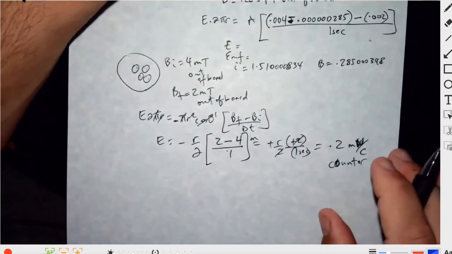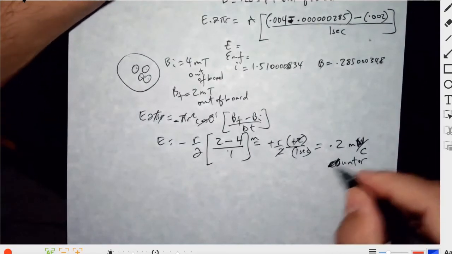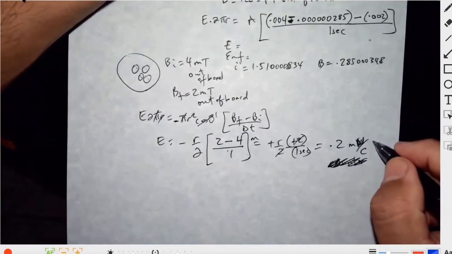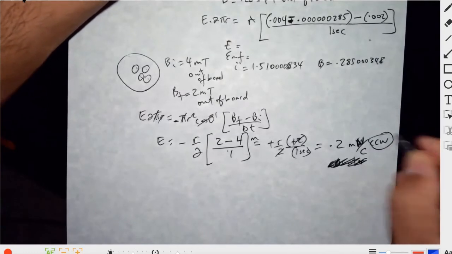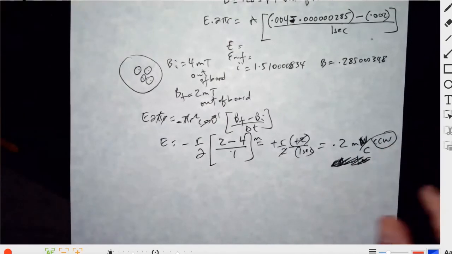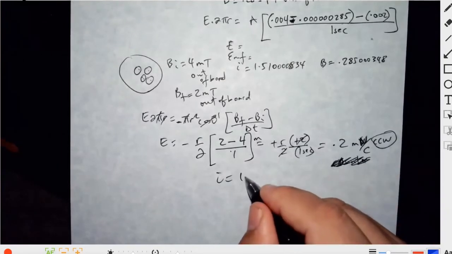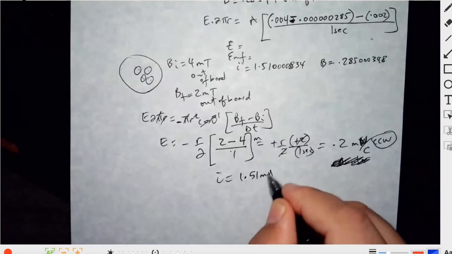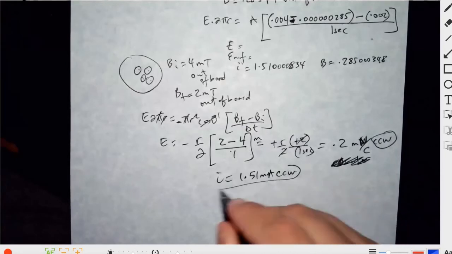Okay, so now what's happening? Just to make it quick, we'll just say CCW for counterclockwise, and then CW for clockwise. So it's CCW in this case. So now the current that it creates will be the same as before, but counterclockwise. 1.51 milliamps counterclockwise.